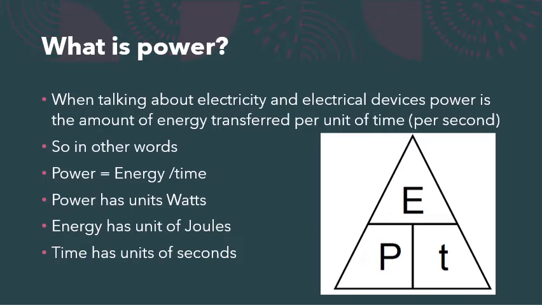And as you can see here on the right, we have a calculation triangle. I thoroughly recommend that you remember it and draw it every single time. Power has to be in watts, energy has to be in joules, and time has to be in seconds, and it's very useful for solving all problems.